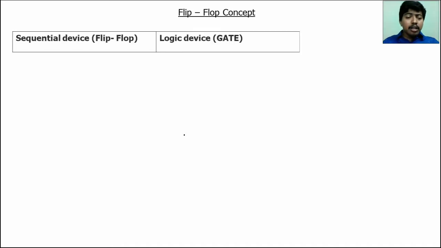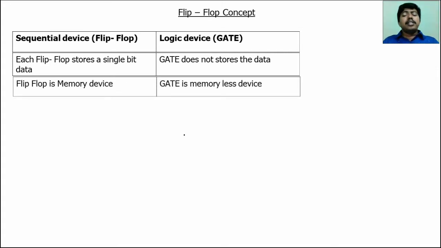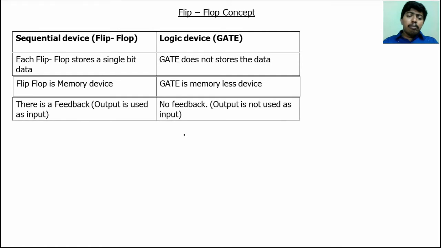First, you should know the difference between combinational circuits and sequential circuits. A sequential circuit stores a single bit of data. Logic devices do not store any data. So a flip-flop is a memory device, but a logic device is memory-less. Another point: in a sequential circuit there is feedback, because the output is taken as an input.